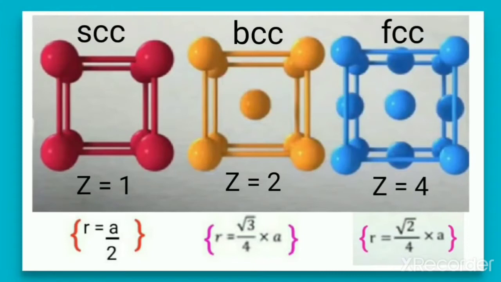The radius and edge length relation is given here. Similarly, in FCC, the particles are at the corners, and also at the center of each face. So Z is equal to 4, that is, the number of atoms present in the FCC is equal to 4. And the relation between the radius and edge length is given here. So by using the knowledge of these, we will find out the packing efficiency for these arrangements.